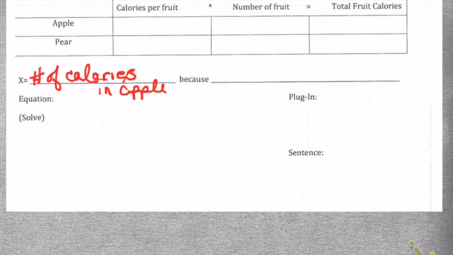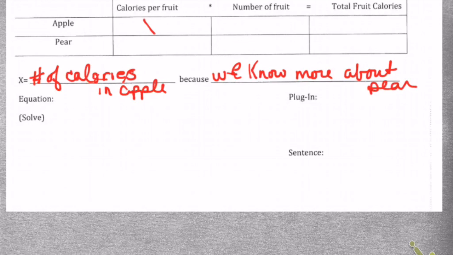And that's because we know more about the pear. So we want to make our unknown what we know the least about. And so we don't have the information for the calories per apple. We know that the pear is 30 more than the apple.